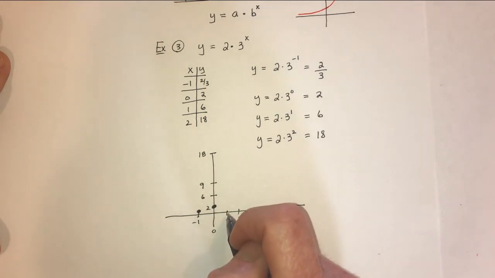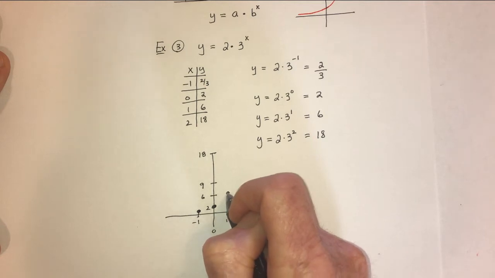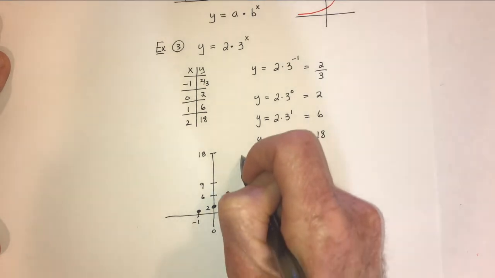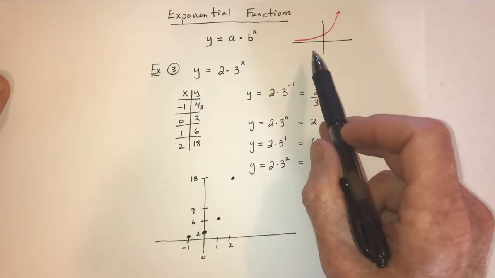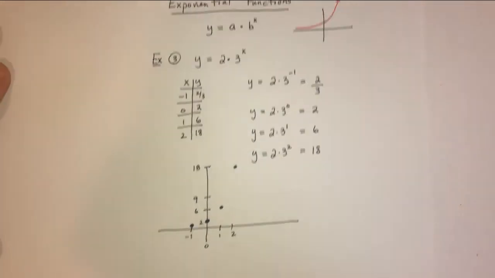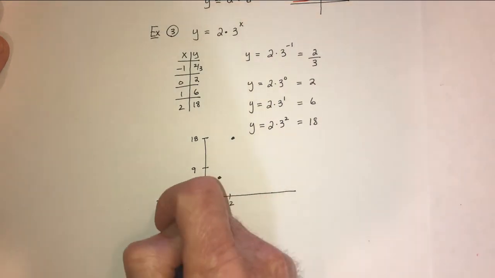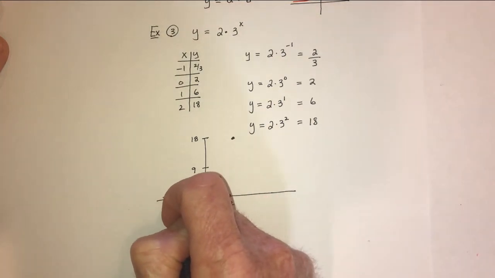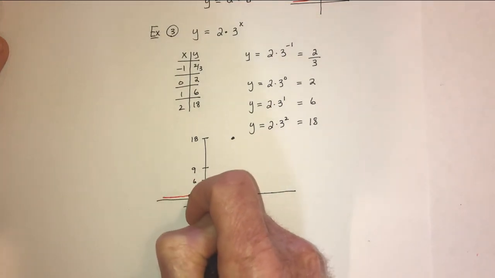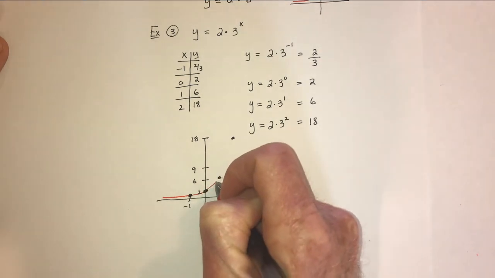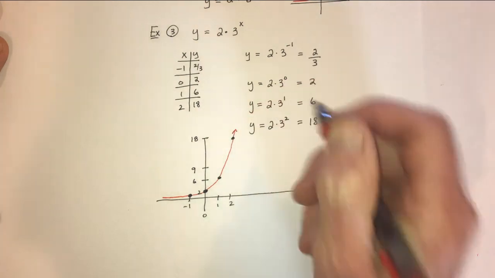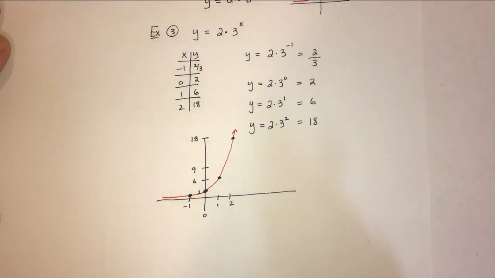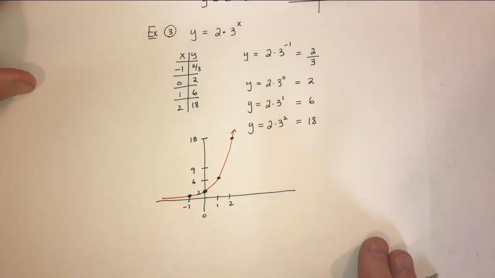And then when x equals 1, it went up to 6. And when x equals 2, it goes up to 18. So the graph looks pretty much exactly like this one. So it starts off really small, and then it starts growing, and then growing, and growing faster and faster. That's the exponential.